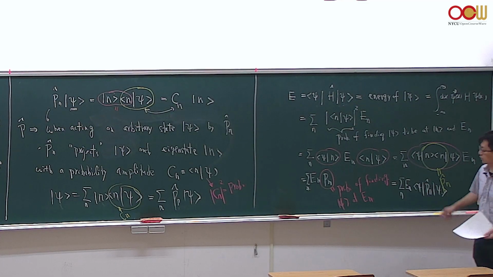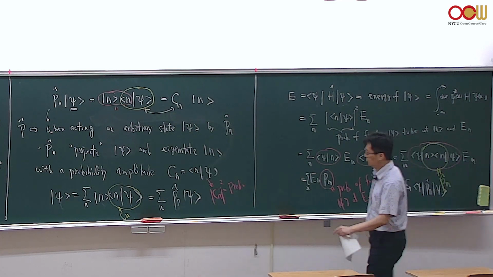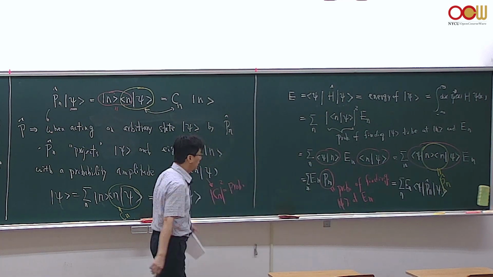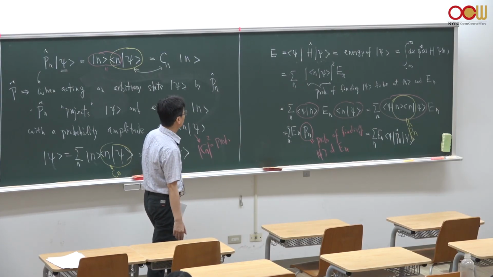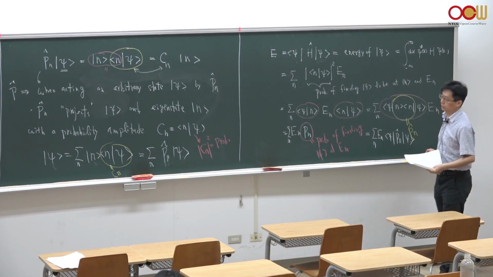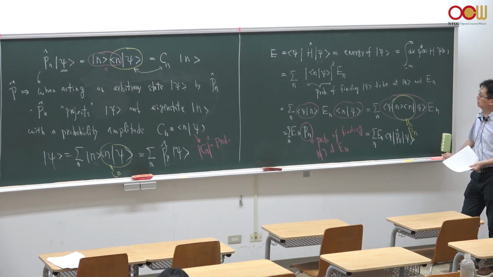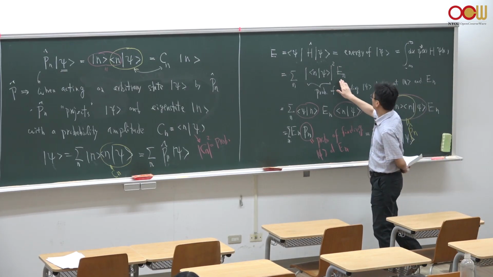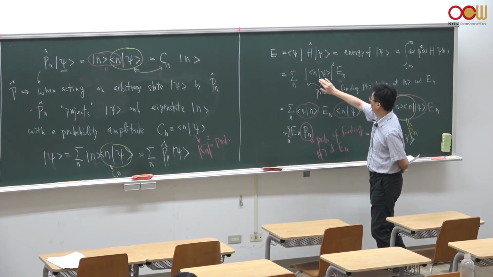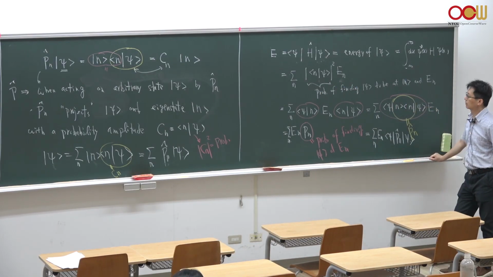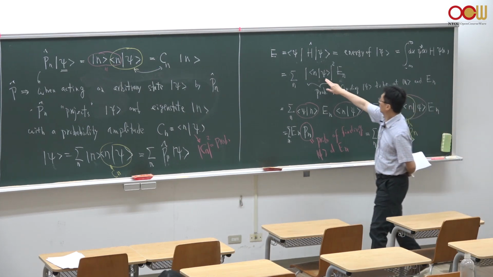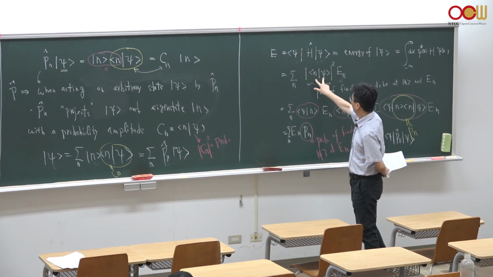So you can simply use this result that we have right here to understand the expectation value of a Hamiltonian, which is the energy of a quantum state psi, which is nothing but the summation over all different eigenenergies multiplied by the probability of finding that state to be at that particular eigenstate and eigenvalue En, right? But what is this inner product between psi and n?